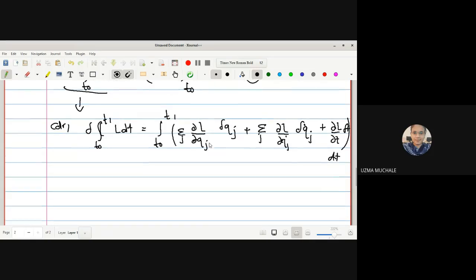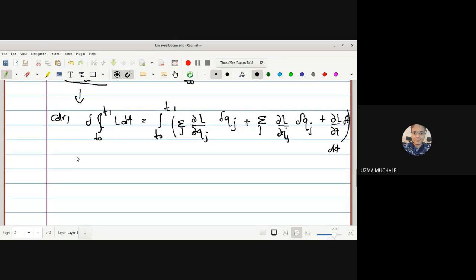Now we know our Lagrange's equation of motion is dou L by dou Qj minus d by dt of dou L by dou Qj dot is equal to 0. Equal to 0 means we can write both of these as equal, right? So now let us substitute this in our above equation. That means we have to solve equation 4. For solving equation 4, we have to evaluate this.